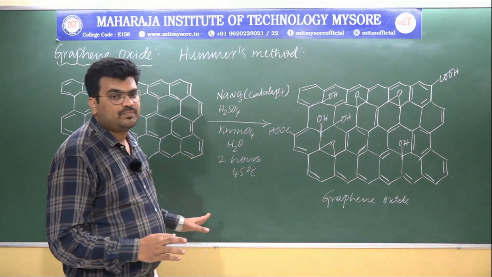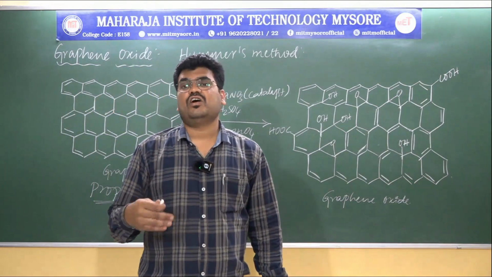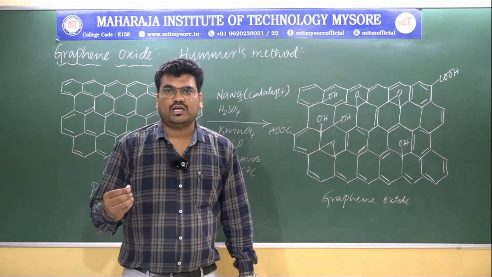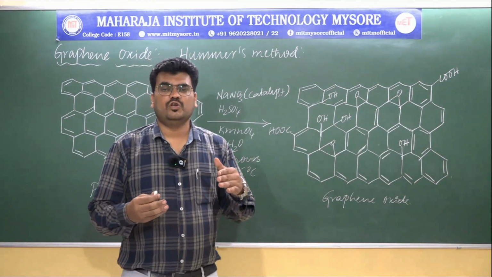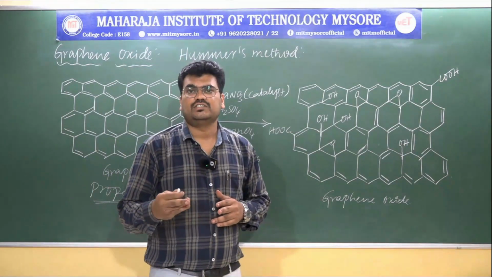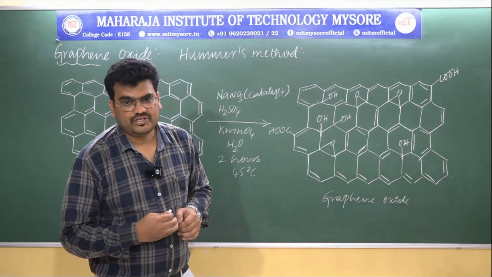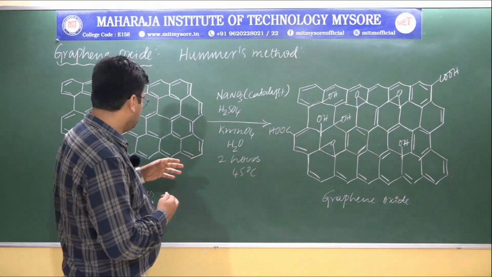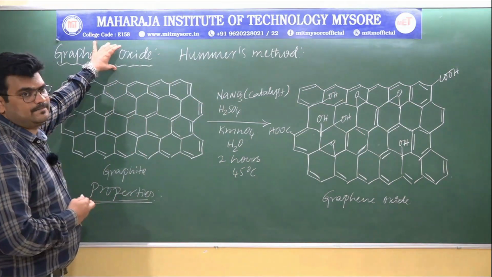And the next property is it has a large surface area, so that's why it is more reactive. And the next one is it has low thermal conductivity compared to graphite, and low electrical conductivity than graphene. So these are all the properties of graphene oxide.